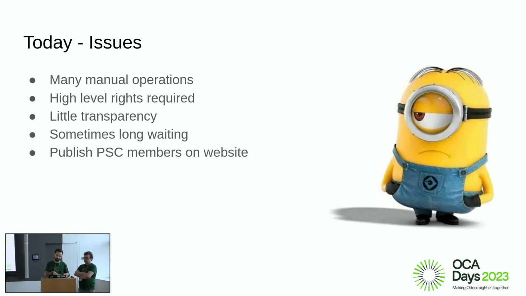And since it's in our Odoo community instance and not everybody can have access to the backend, we have little transparency on how this works. If you ever submitted a proposal for getting into the PSC, you know that sometimes it's a long way to go to get access to the membership of the PSC.